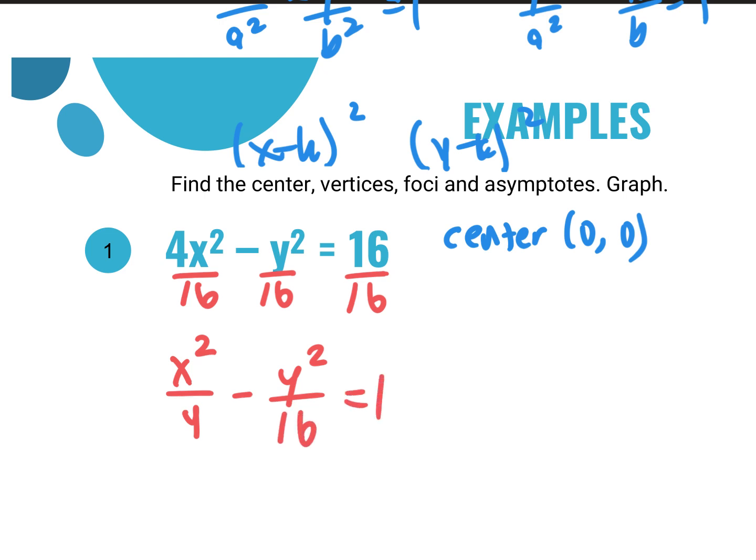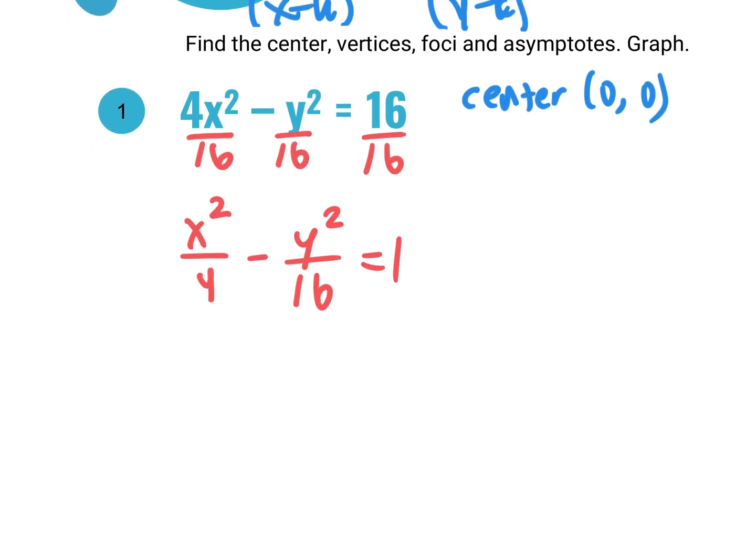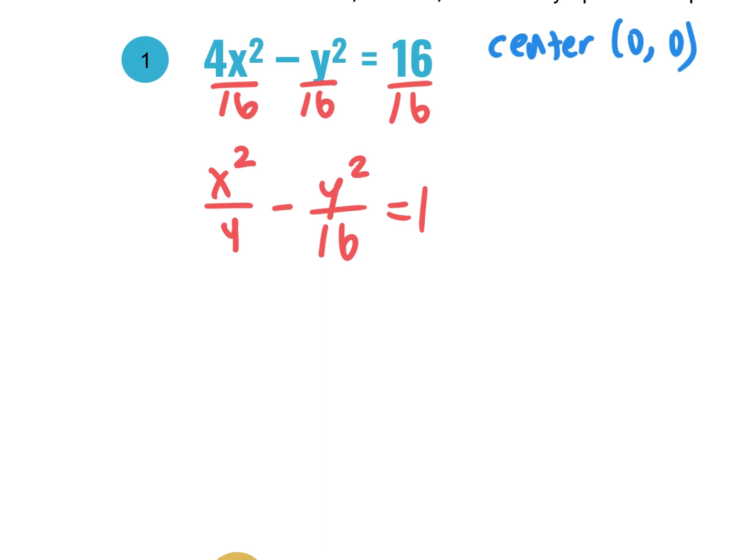Now, I know a lot of stuff just by looking at this. First of all, is this a hyperbola or an ellipse? Why is this a hyperbola? Because there's a minus sign. All right, so I know in a hyperbola that a squared is always which denominator? The first one.